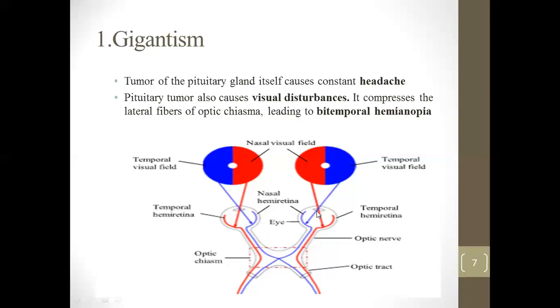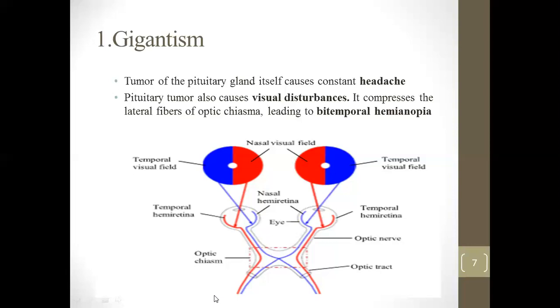Okay. So here is the visual field. When the light enters the eye, the nasal field goes as it is, and the temporal will bisect, and when it goes back to the occipital lobe, it combines.